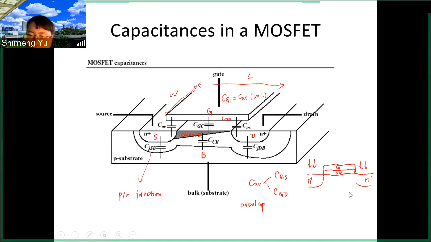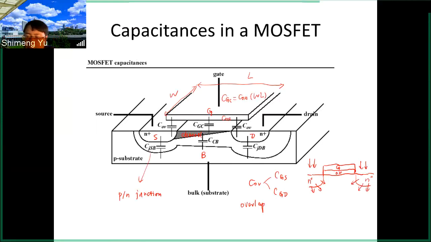Then this is ideal, but in real fabrication, this transistor needs to go through a very high temperature annealing process to activate the dopant. So this process will drive the dopant to diffuse out. This high temperature will make those dopants movable.